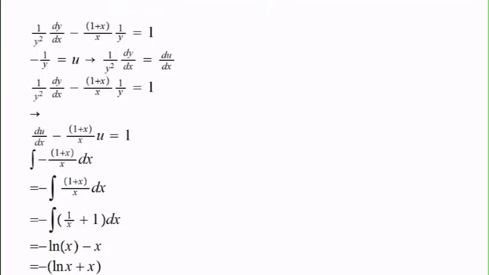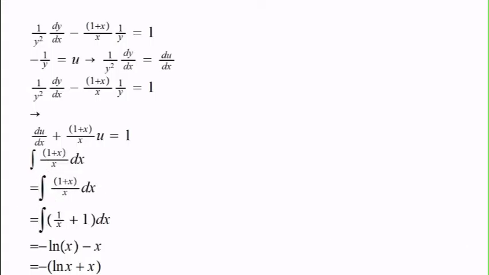Okay, so here we are, see this here, we took negative 1 over y as u, and when we transform this equation from here to here, this should have been a plus sign, which I took as negative. So all these negative signs go away.